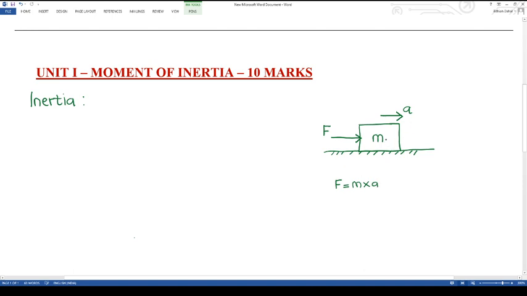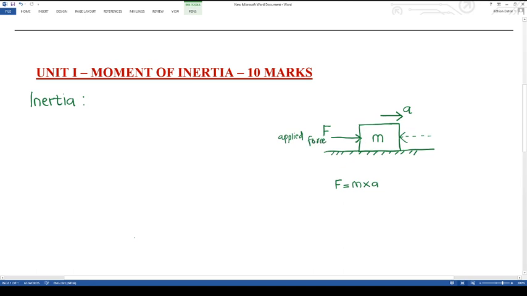Now, when this body starts moving towards this direction, there will be an opposing force acting towards the applied force. Let this force here be the applied force. Right?